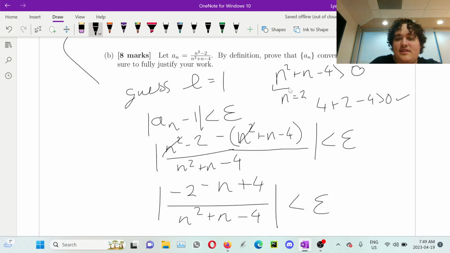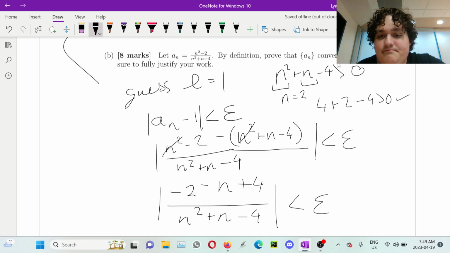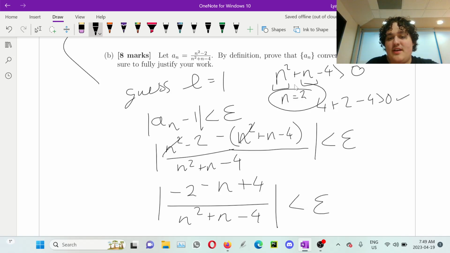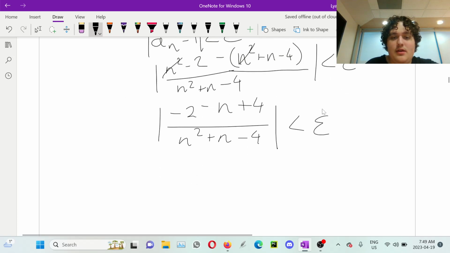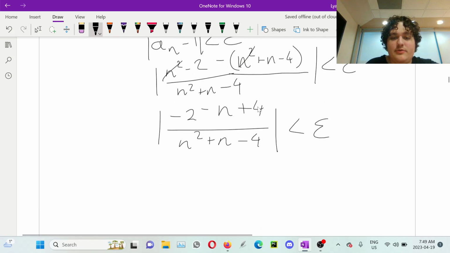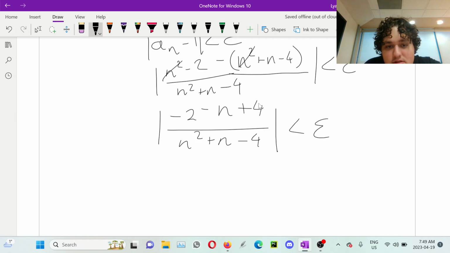Because n squared is increasing and n is increasing. We can just make sure that n is bigger or equal to 2. Okay, so we'll keep that in mind. So we have this thing.